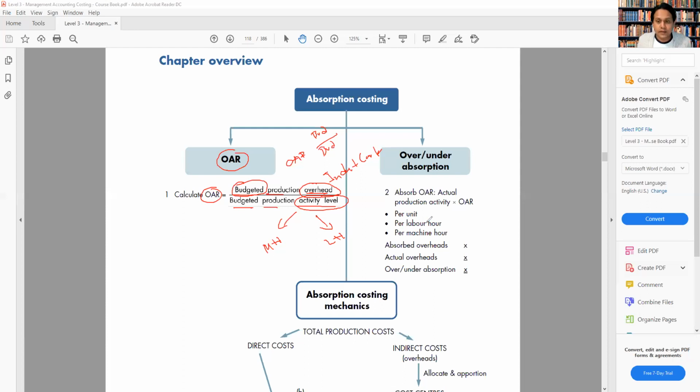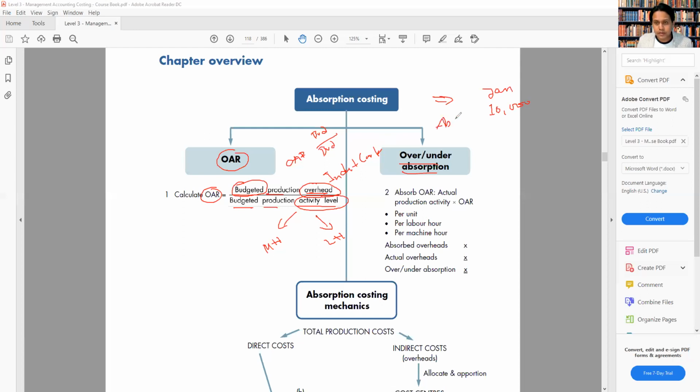On the other side we have the under or over absorbed. I will do a question later and we'll do it together, but we already discussed that before as well. Under and over absorbed means, for example, let's say my overhead for the month of January will be 10,000. That was my plan.